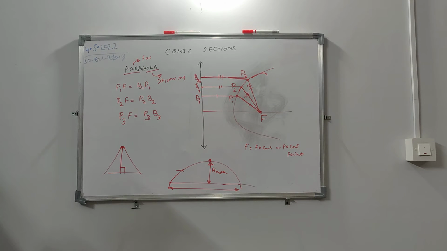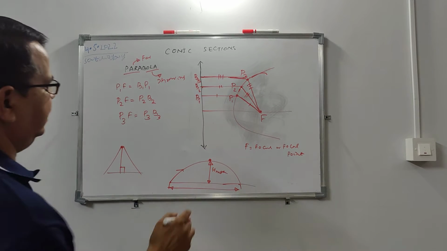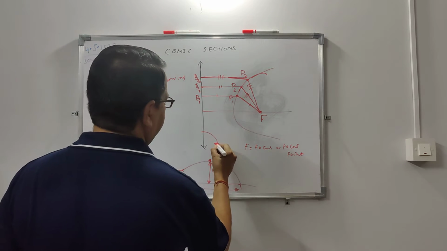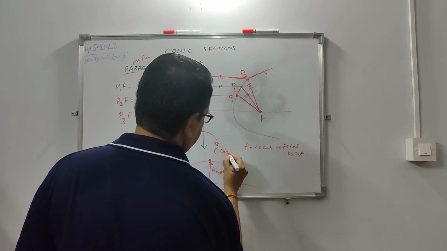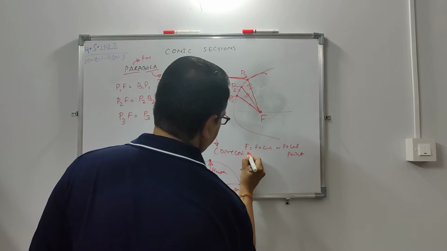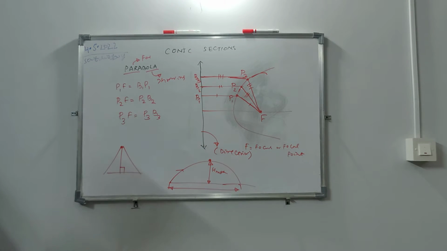A line through the focus and perpendicular to the directrix is called the axis of parabola. There is a fixed line and a fixed point. This fixed line is called directrix. There are two things: one is focus, one is directrix.